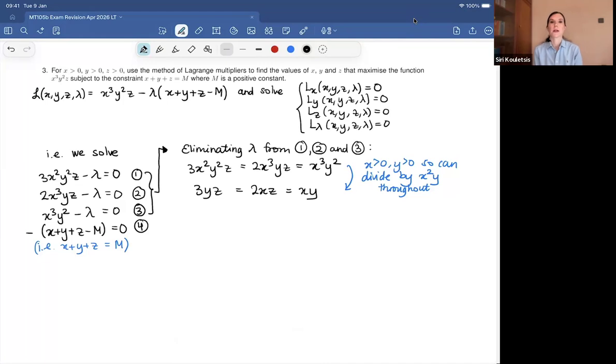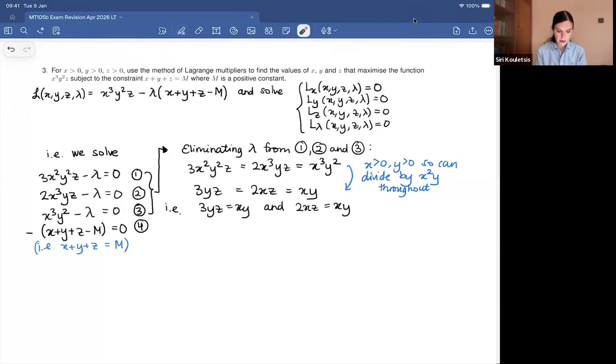And now this equates here to two independent equations. So I can set, say, the first equation equal to the third equation and the second equation equal to the third equation. And now we want to simplify that further. For the first one, I see that I can divide by y throughout. Remember, we said y is positive, was given in the question. So let me just point that out.